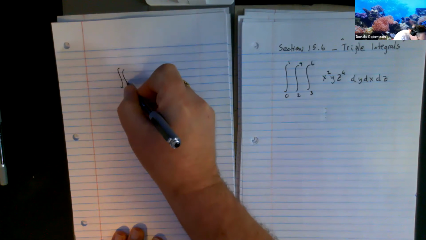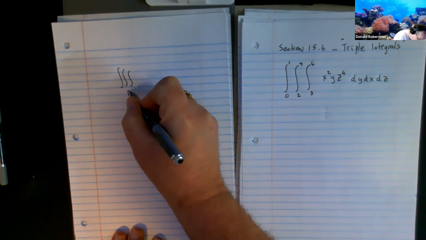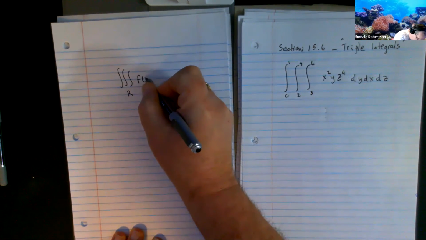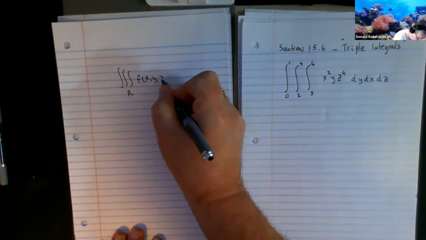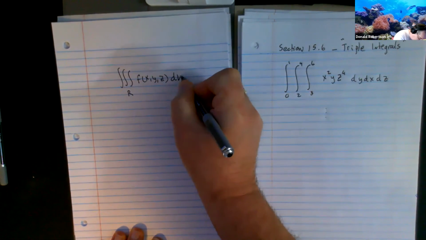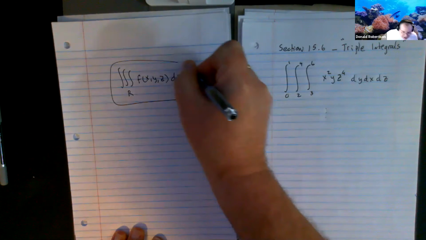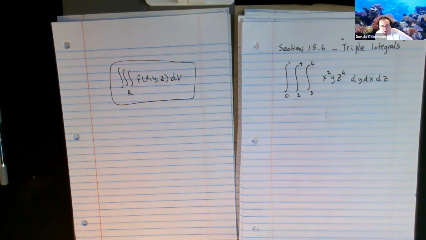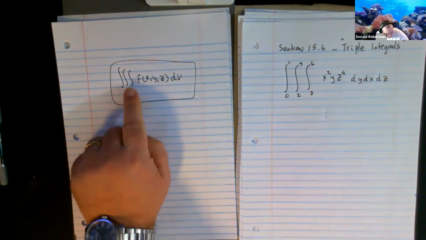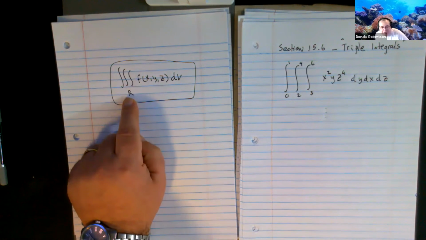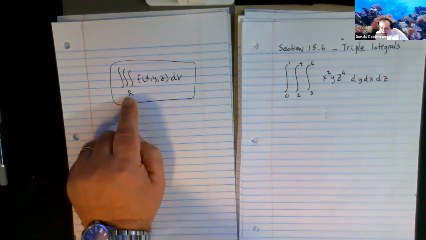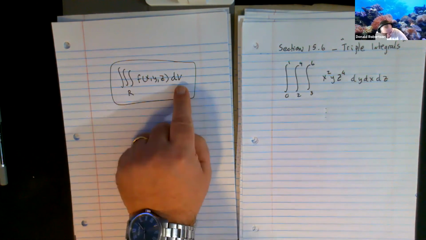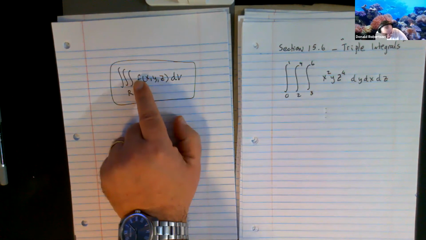Now, in a much more general way, that would be the generic way of writing all triple integrals. You're doing a triple integral over a three-dimensional region R, and the function is a function of x, y, and z.